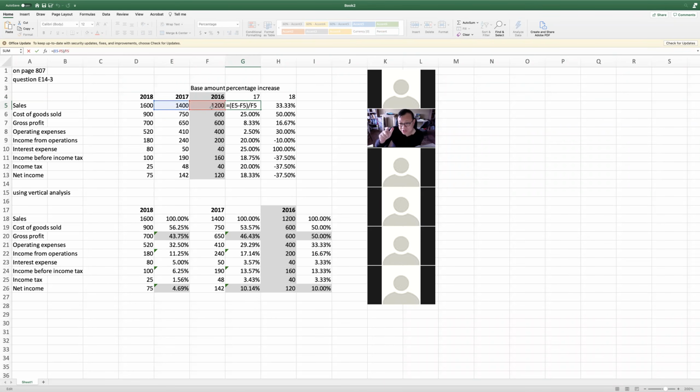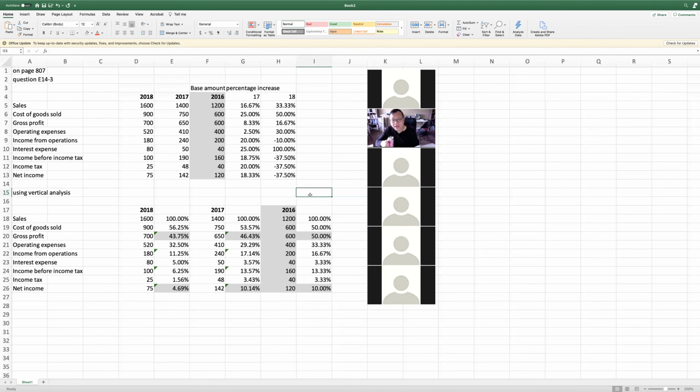That's the change, and then divided by the base amount, that's the 2016 number. So I got 16.67% increase. So my 2017 sales represent a 16.67% increase compared to 2016. Does that make sense? Okay.